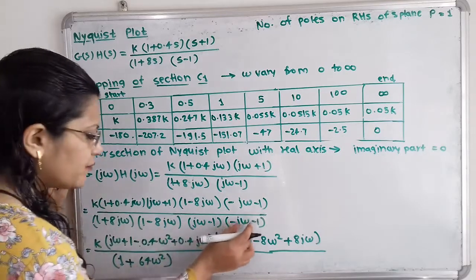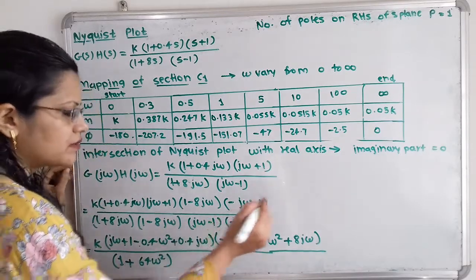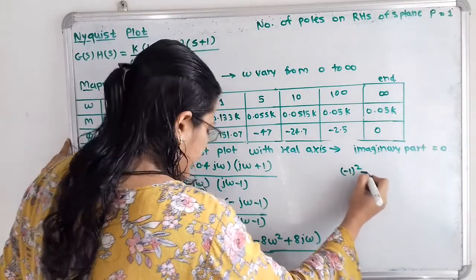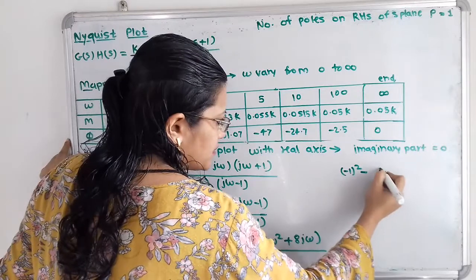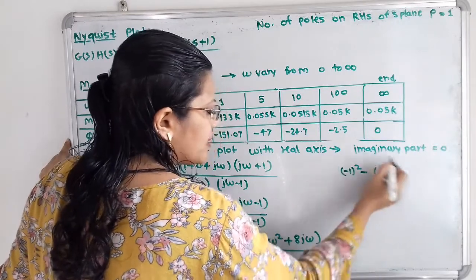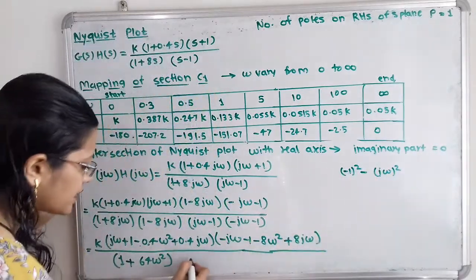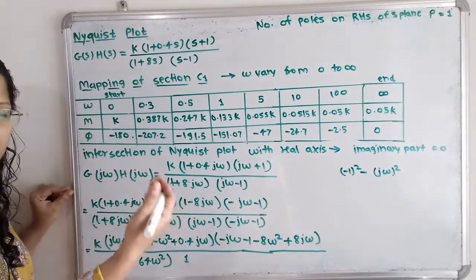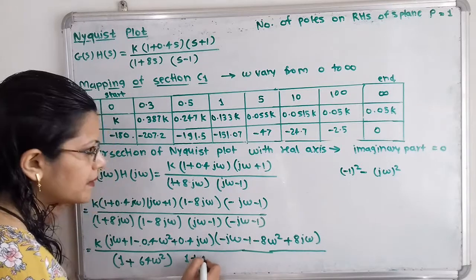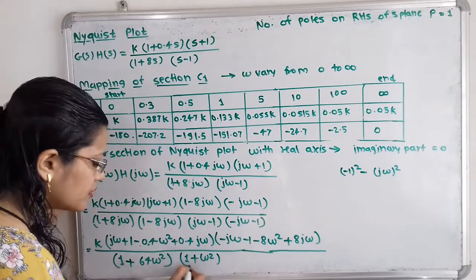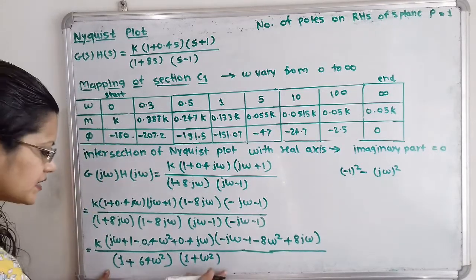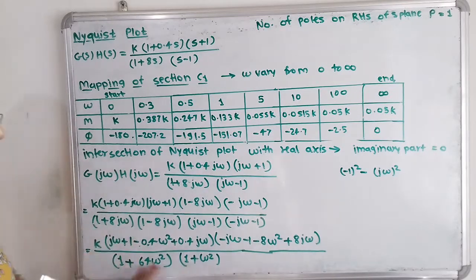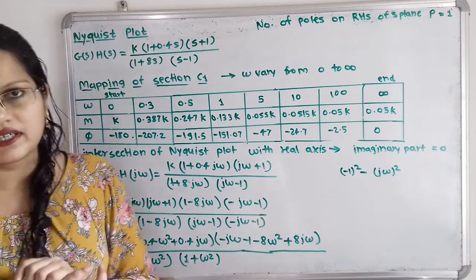If we take this minus 1 term as a, then minus 1 square minus b square, where b square is (j omega) square. Minus 1 square is 1, minus j square omega square, and j square is minus 1, so it will become plus omega square. If we observe this denominator, all the terms are real numbers, no imaginary part is there.